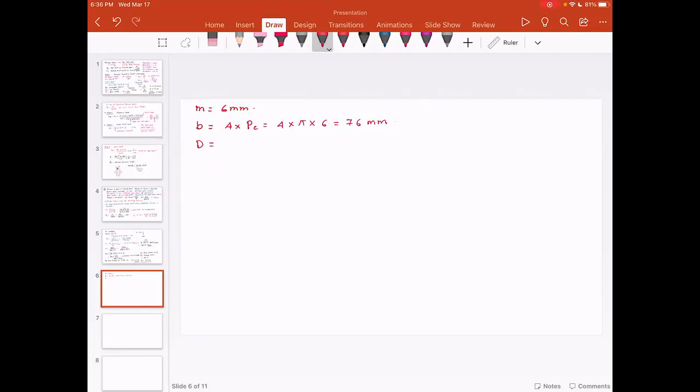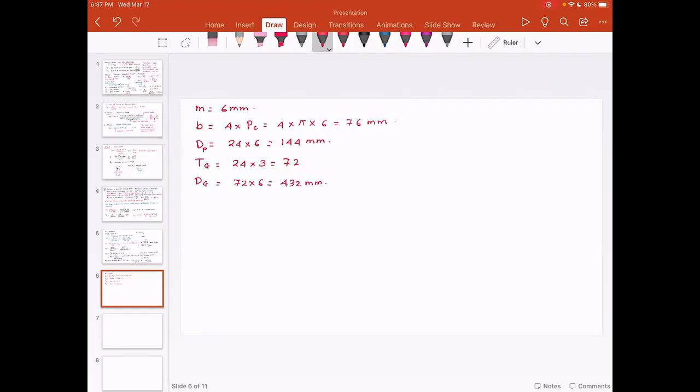Diameter is 24 times 6, which is 144 millimeter, and number of teeth on gear is 24 multiplied by 3, because number of teeth on the pinion are 24. And PCD of the gear, this is the pinion, this is gear, is 72 times 6, which is 432 millimeter.